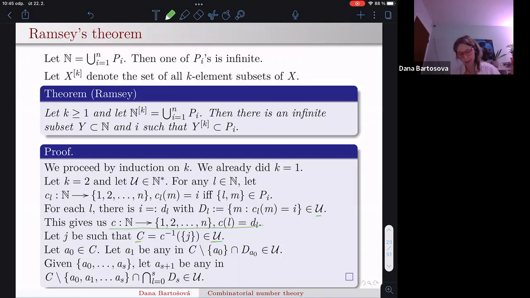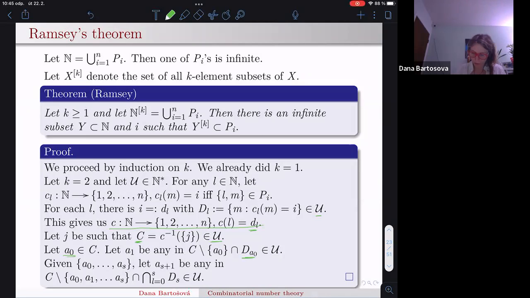So now I'm going to start building my set Y. So I'm going to start with some arbitrary A0. It's not going to be important. What is important is it is from this C. And then, well, what it means that A0 has the color J, which is its DL, together with every element that is in DA0.